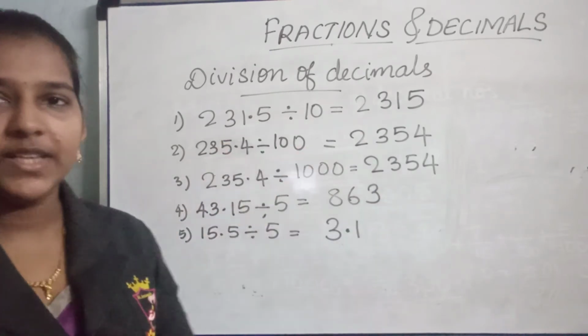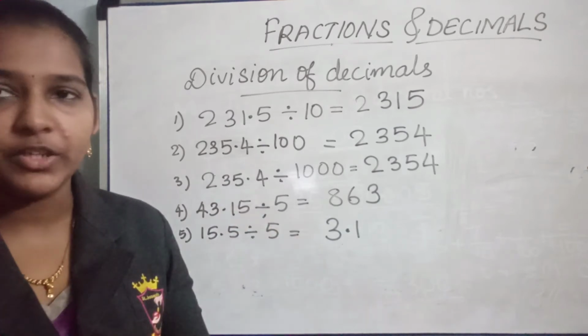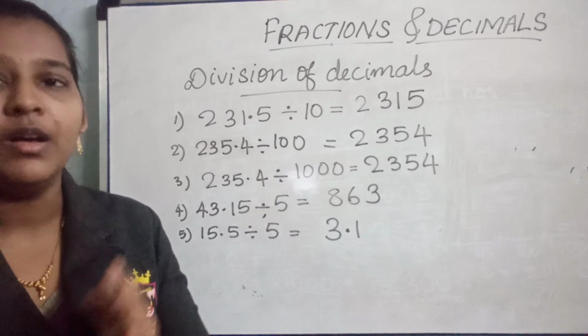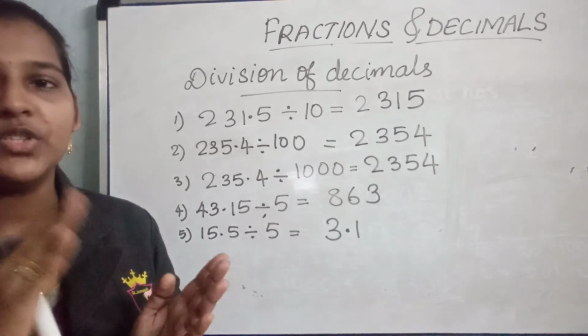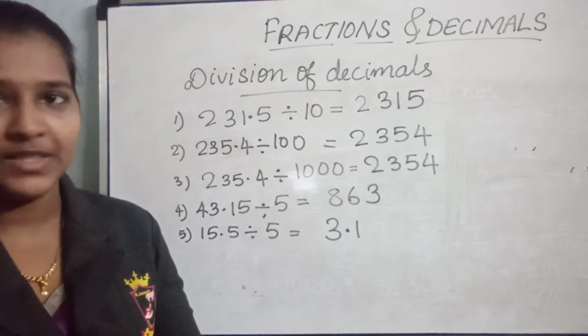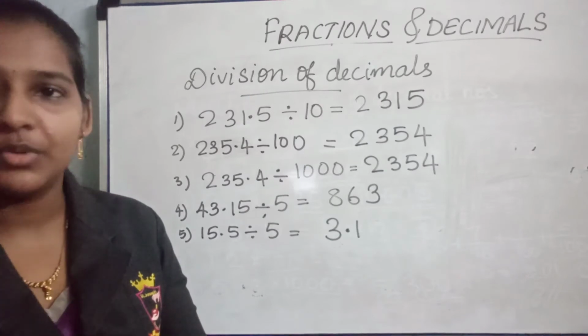Division of decimals. Just now we learned in multiplication of decimals, if we are multiplying a decimal number with 10, 100 or 1000, we have to shift the point to the right side, isn't it? In multiplication we put the point to the right side.